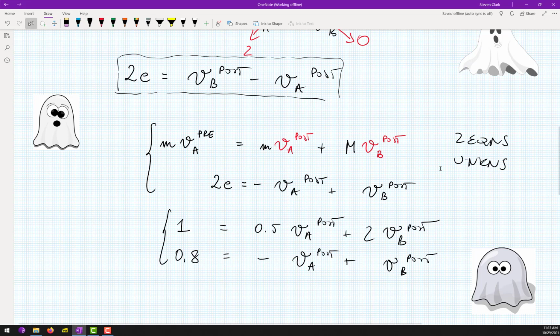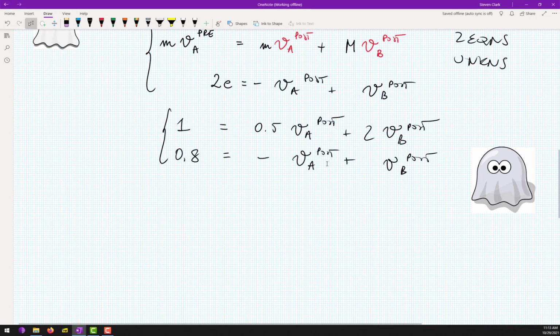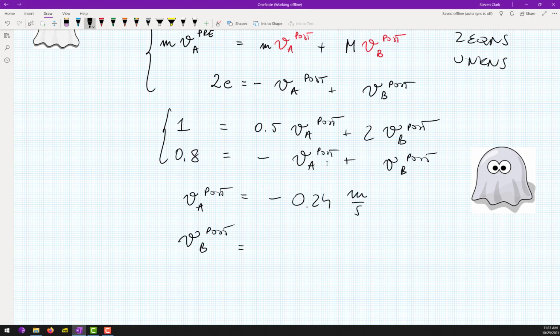Okay, solve it, and you will end up with VA post and VB post equal to respectively minus 0.24 meters per second and 0.56 meters per second. That's it. That's the answer.